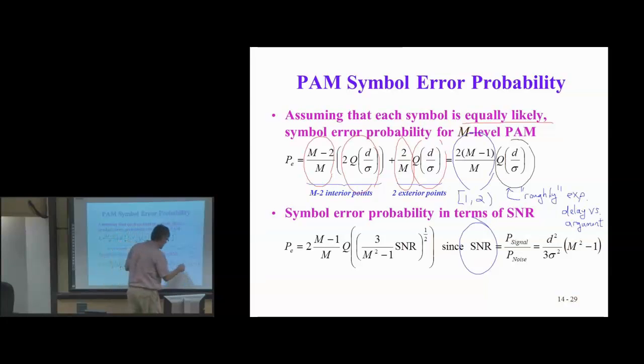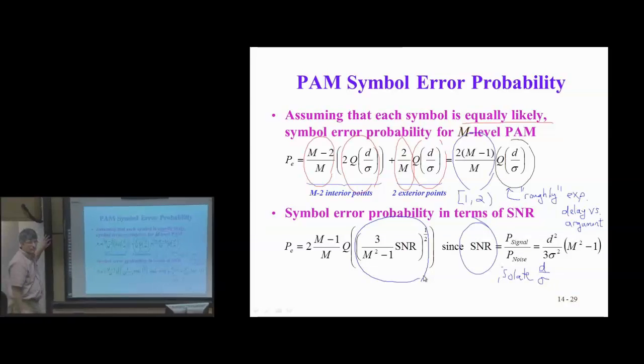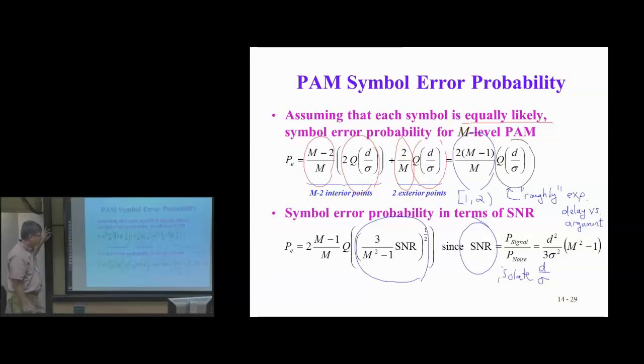So if I want to isolate d over sigma, it simply means multiply both sides by 3, divide both sides by the quantity M squared minus 1, and I get what's here in the argument to the Q function. So the key is that I can write the argument of the Q function as the square root of SNR, or something proportional to it. Again, as SNR increases, I get a dramatic decrease in the probability of a symbol error. Again, all this discussion is in linear units for SNR.